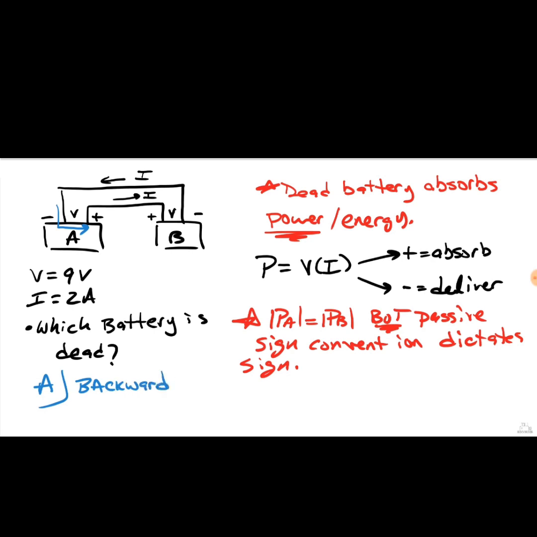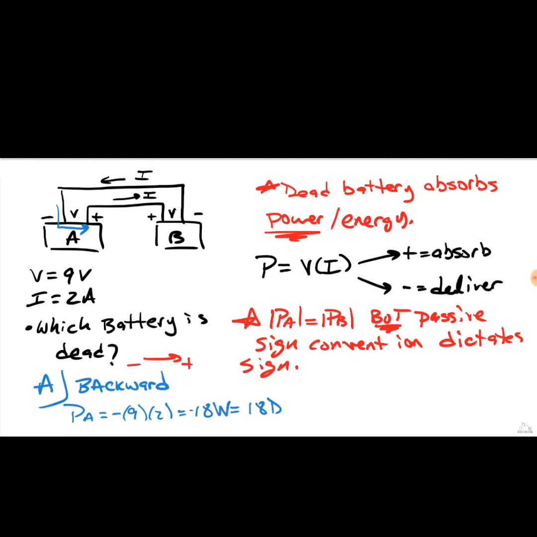Because of that, the power on A is equal to 9 times 2, voltage times current, but it's negative because it's backward, which gives me negative 18. Because of that, I know A is delivering power. 18 delivered. I put volts, shame on me, that should be watts.